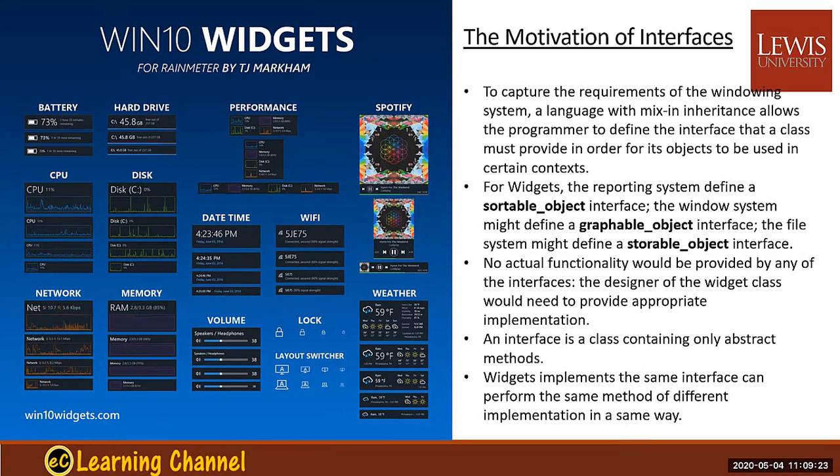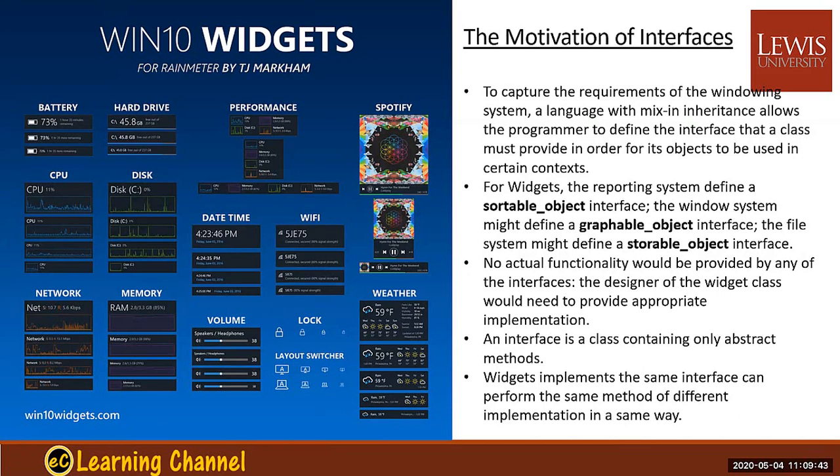So the widget reporting system defines a sortable object, a graphable object, and a storable object. So we have three types of interface: sortable, graphable, and storable.